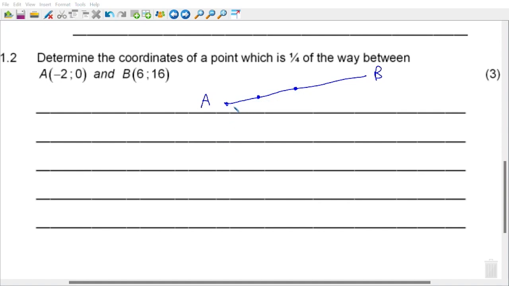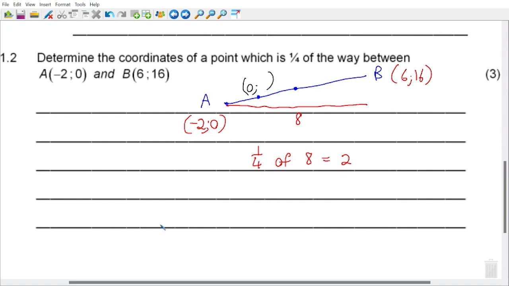The total change on my x value as I move from -2, 0 to 6, 16, the total move here is actually 8. I want to go 1/4 of 8, which is 2. So I want to add 2 to -2, and that will take me to this point over here, 0 something.